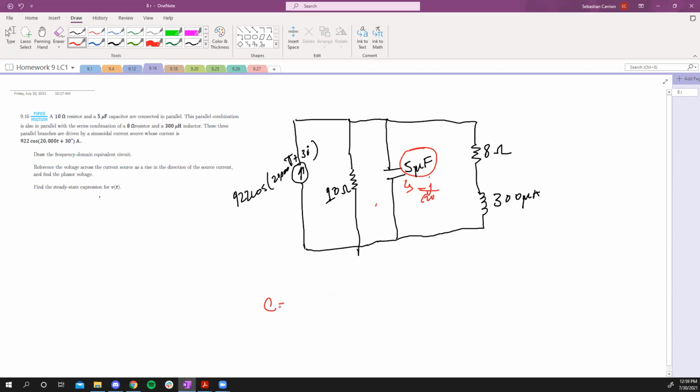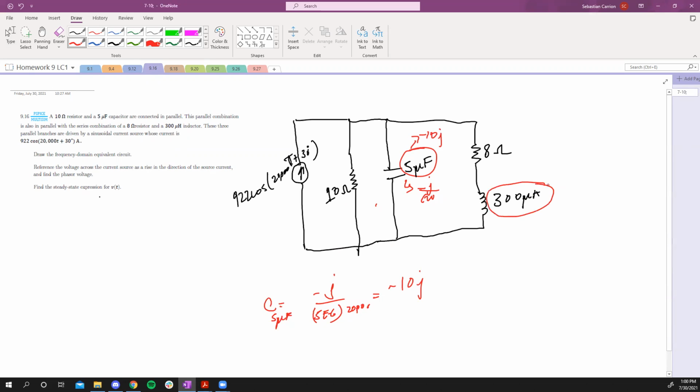For our 5 microfarad capacitor, that is negative j over 5e-6 times 20,000, which results in negative 10j. So this would be negative 10j.